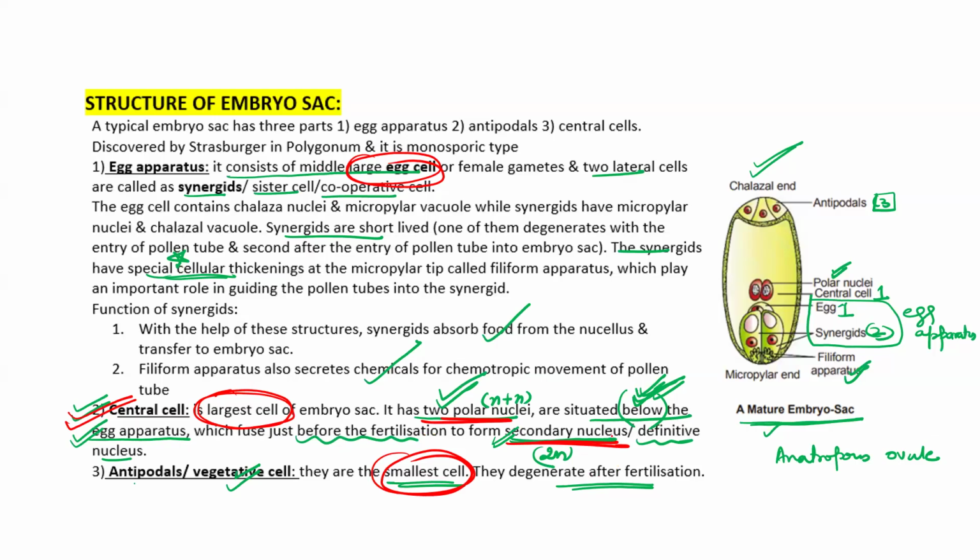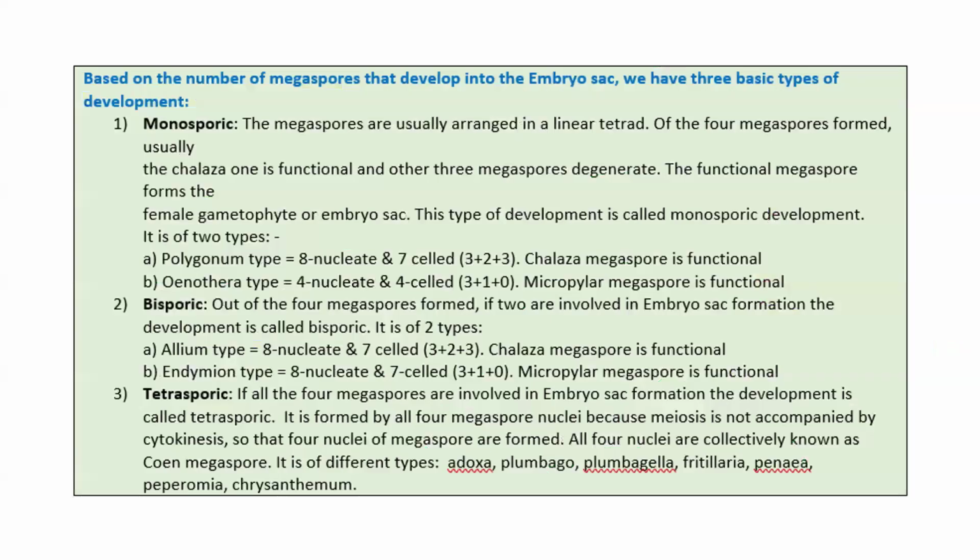So I hope I tried my level best to make you understand the structure of the embryo sac. The topic might be very easy for you. Now see, some extra information, if you are able to grasp it, it is good. Based on the number of megaspores used to develop the embryo sac, we have monosporic if only one functional megaspore is used, bisporic if two functional megaspores are used, and tetrasporic if all four functional megaspores are used.